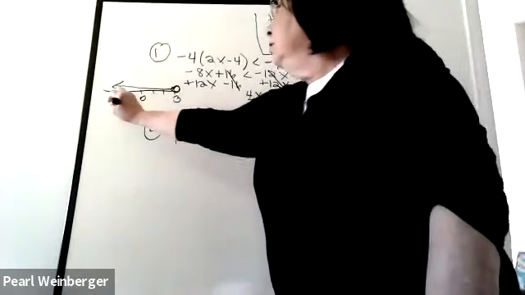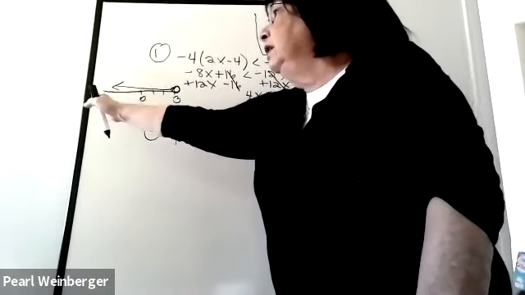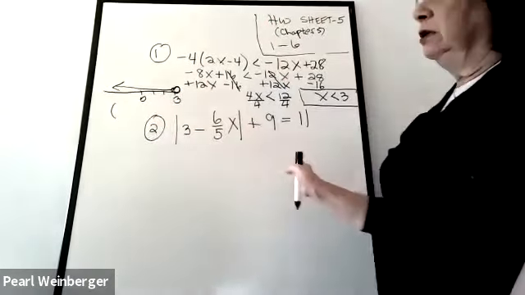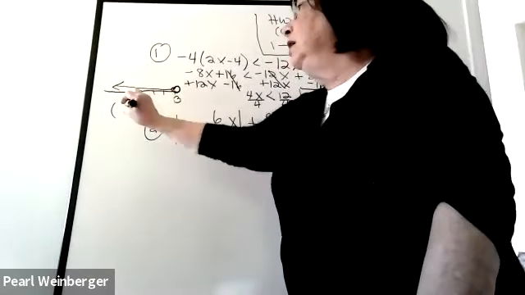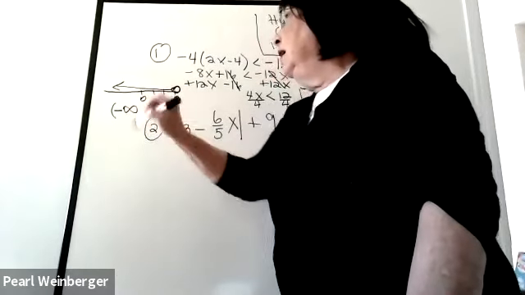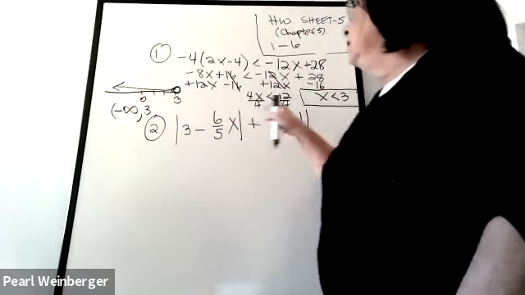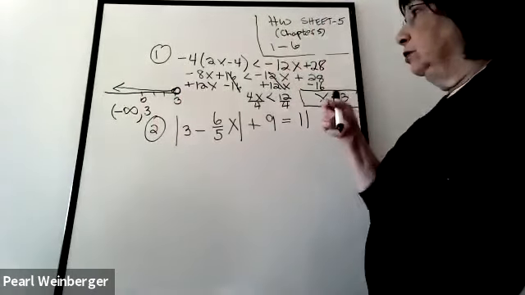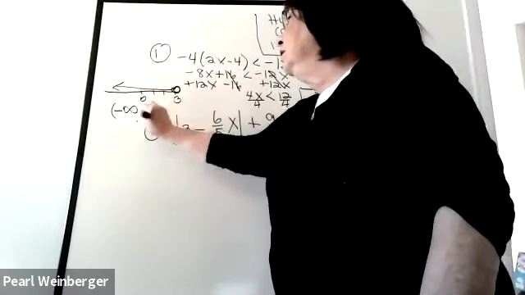In interval notation, here we're going to be careful. Remember, the interval always starts on the left and works its way to the right. All the way to the left, because this arrow is pointing all the way to the left, is negative infinity. It ends at 3. Since this 3 is not included, just as less than 3, it's an open circle, it's not including, we use a parenthesis.